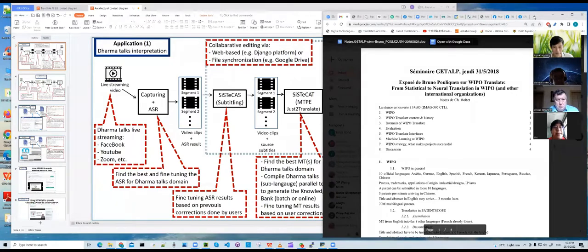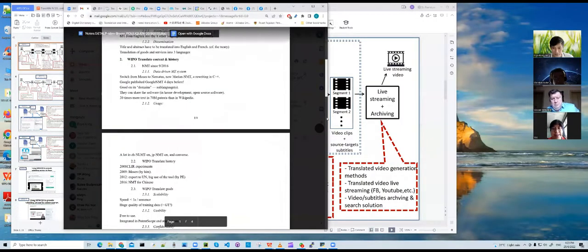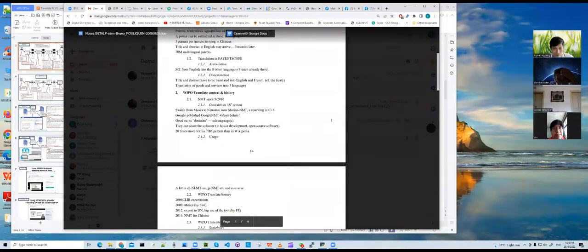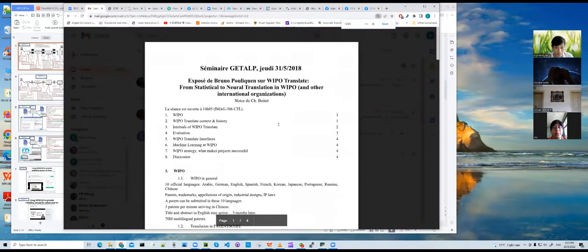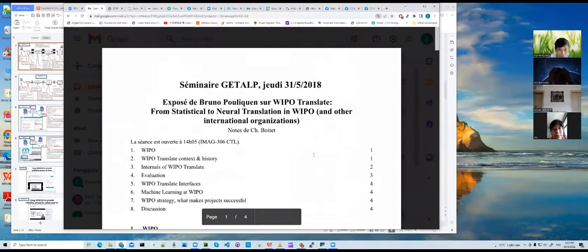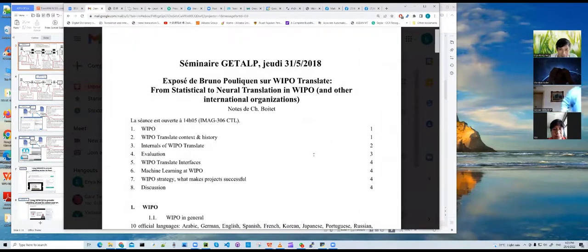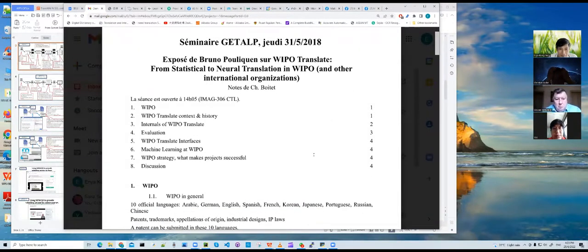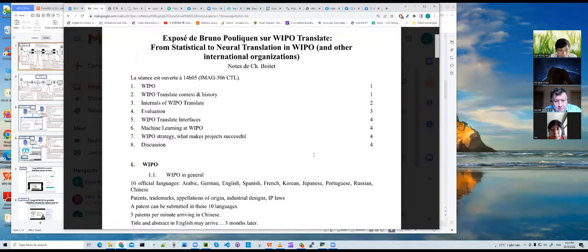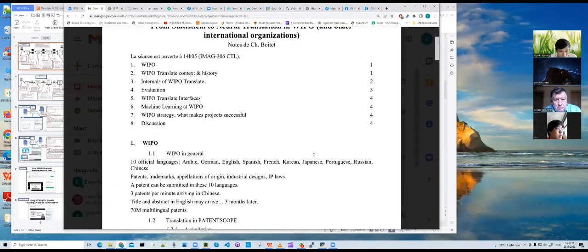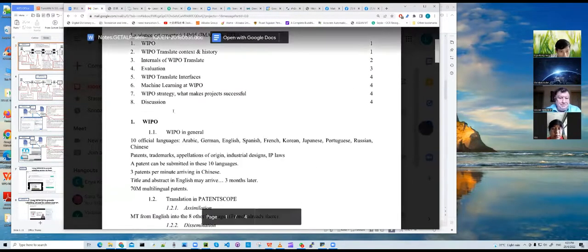Okay, this one. Okay. Now I have the screen again. So I think I put some repo, and he described how he had constructed his system, etc. The latest one. This is strategy and make the project successful now.